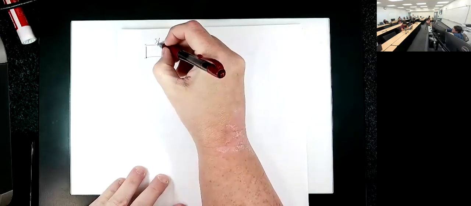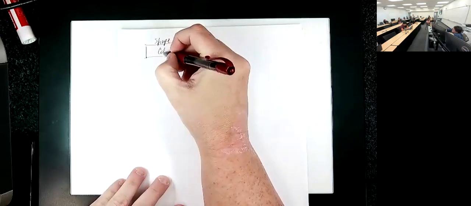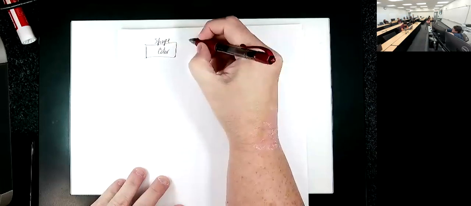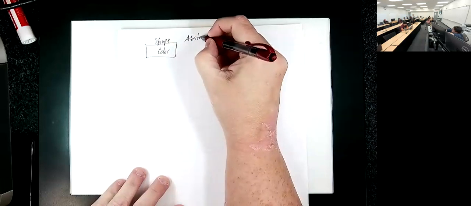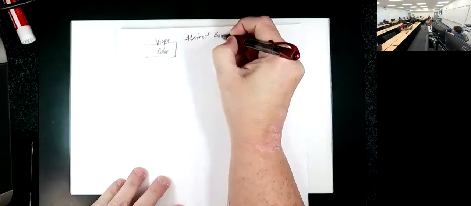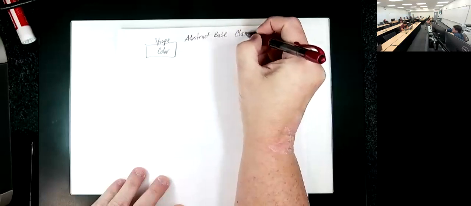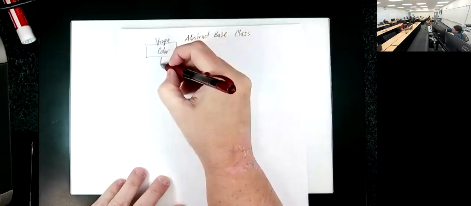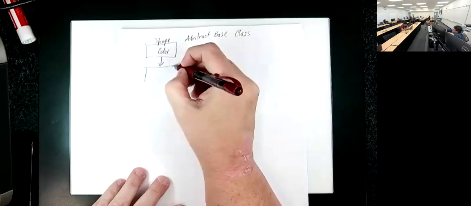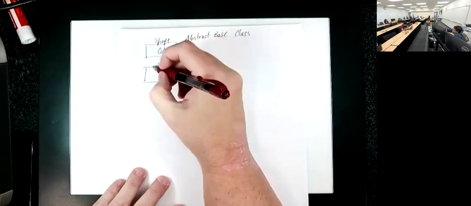So what do we got going on here? We have shape doing color. And it holds color. This is an abstract base class. And then off of shape, we built rectangle.